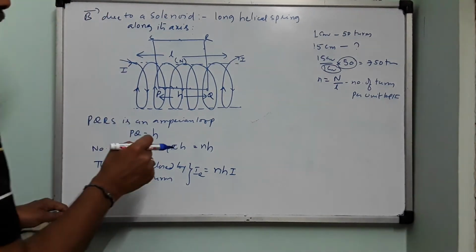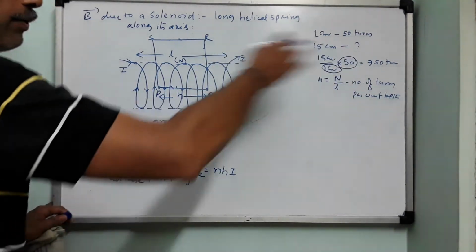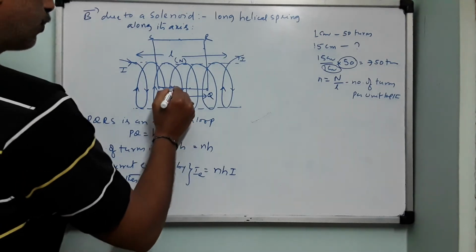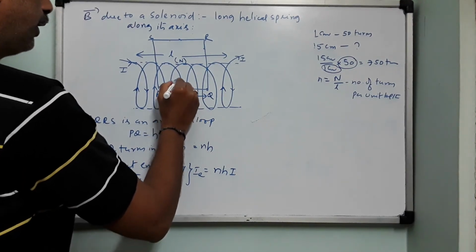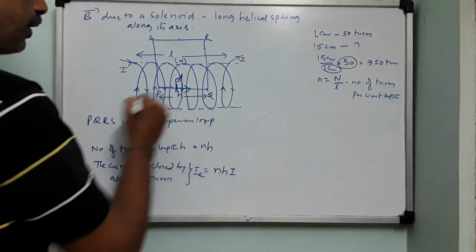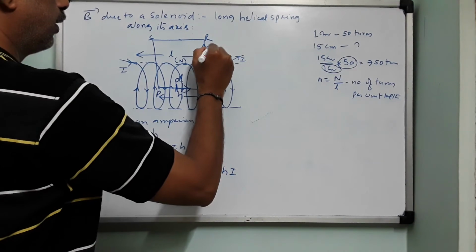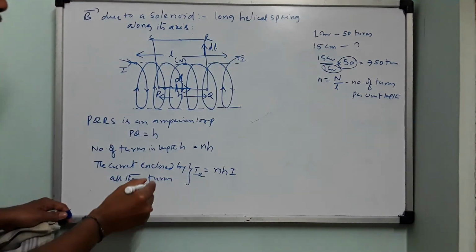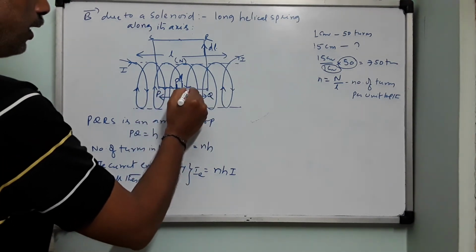Right. You have seen the magnetic field direction in the previous diagram. It was going along the axis, so that is the direction of B. If I take a small element of the Amperian loop, this is my dl, and dl also has the same direction. So inside the solenoid, B and dl are in the same direction.